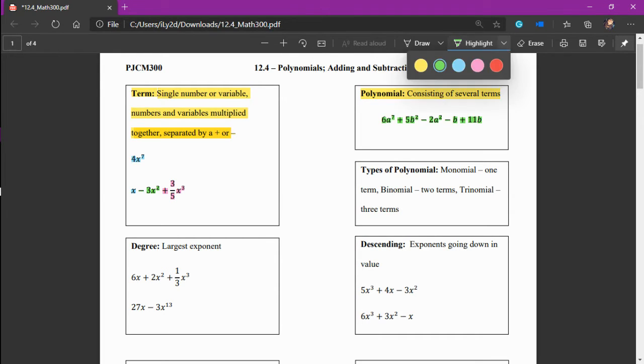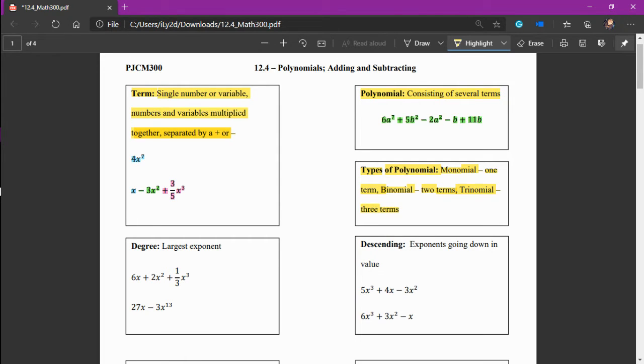Okay, so now I'll go down. We have our types of polynomials. If you have one term, you would call it a monomial. If it is a binomial, it has 2 terms. And if I say trinomial, that means 3 terms. There's actually a word for 4 terms and 5 terms, but those aren't used very often at all, and we would just say that it was a polynomial.